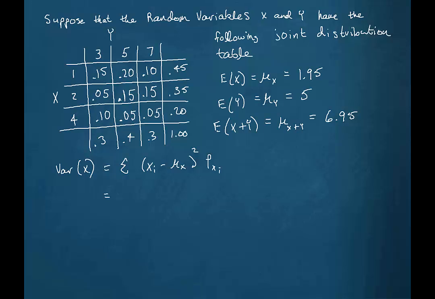So this first term in calculating the variance of x will be 1 minus 1.95 squared times the probability 0.45, plus 2 minus that mean 1.95 squared times 0.35, plus 4 minus the mean 1.95 squared times 0.20.